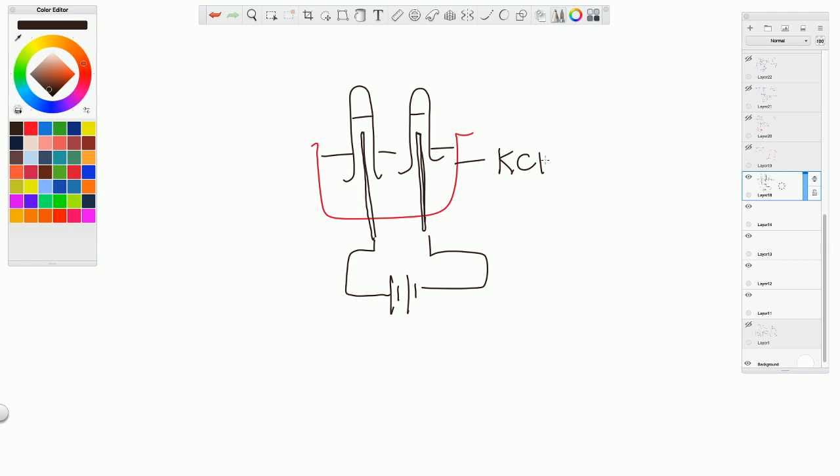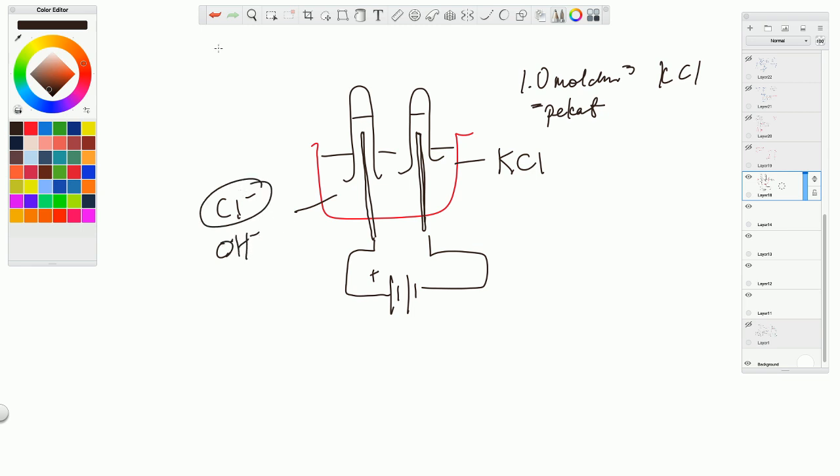So, tak beritahu sama ada pekat atau cair. Tapi, kamu boleh tahu bahawa di sini 1.0 mol per decimeter cube merupakan larutan pekat. So, sekiranya larutan pekat, ion di anode ada 2 jenis, klorida dan hidroksida. Dalam larutan pekat, klorida akan dinyahcaskan dan klorida akan jadi gas klorin.